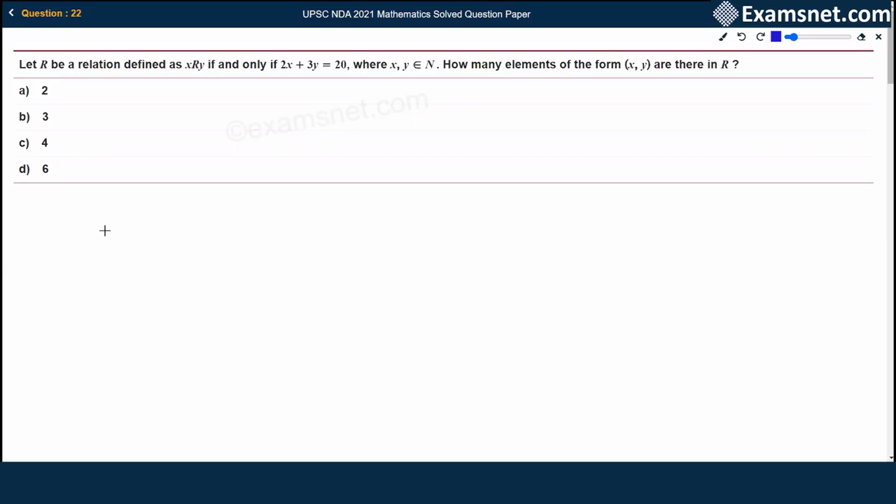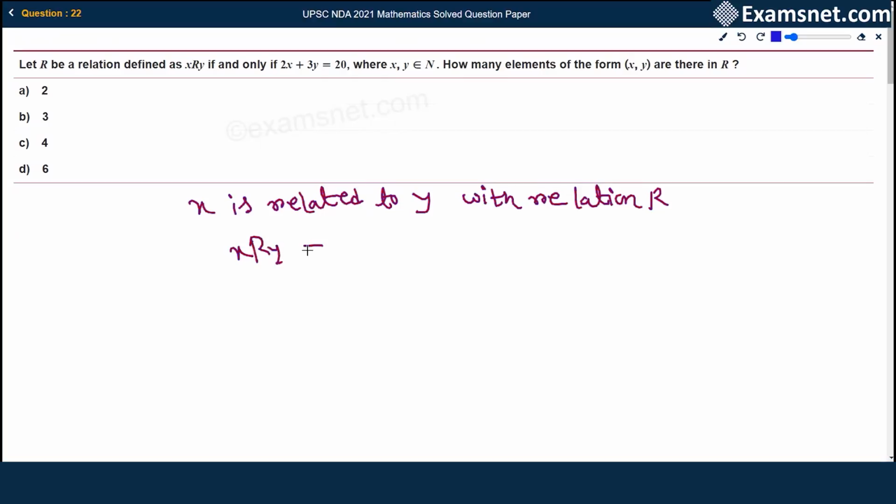Since x is related to y with relation R, we can express it as x R y, that is x comma y belongs to R. Here the given condition is 2x plus 3y equals 20. Now x and y belong to natural number set, right?